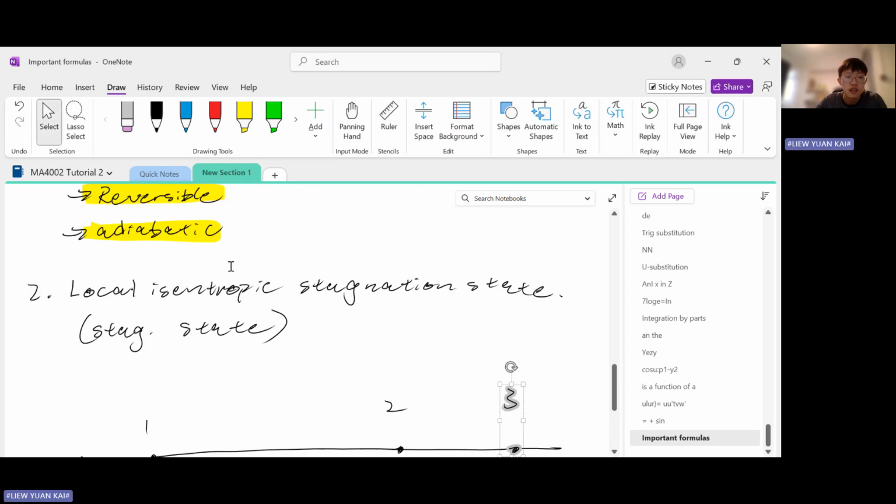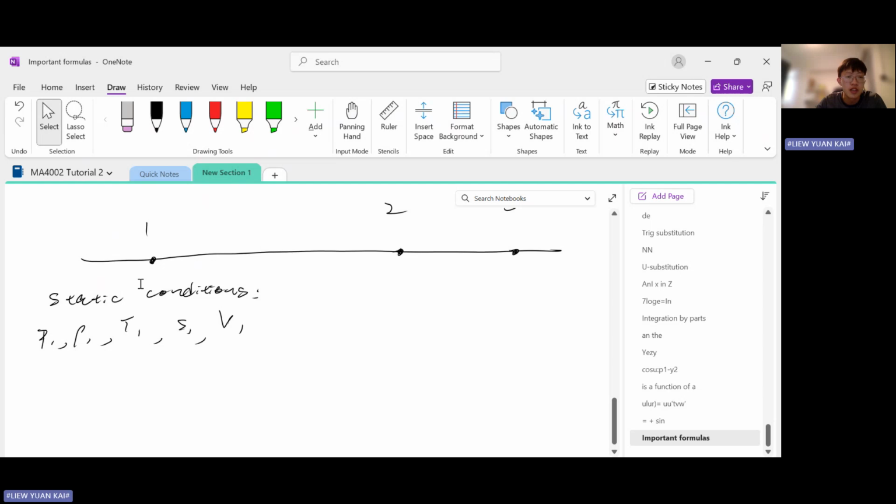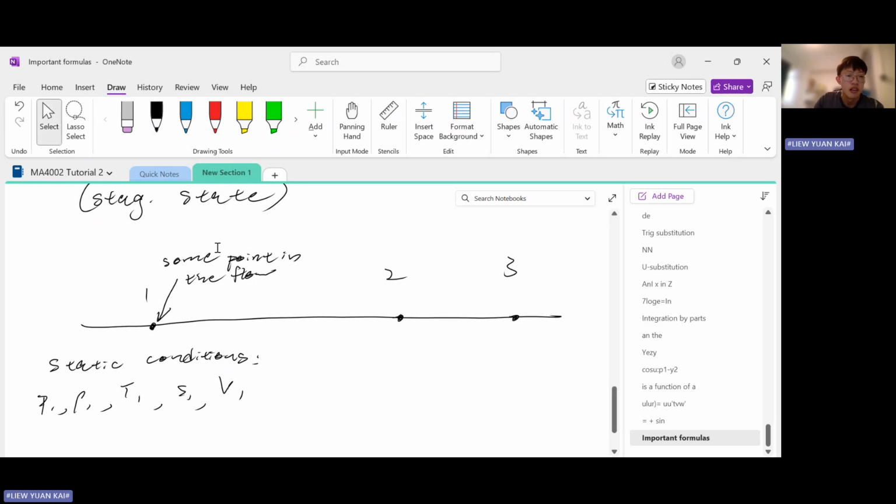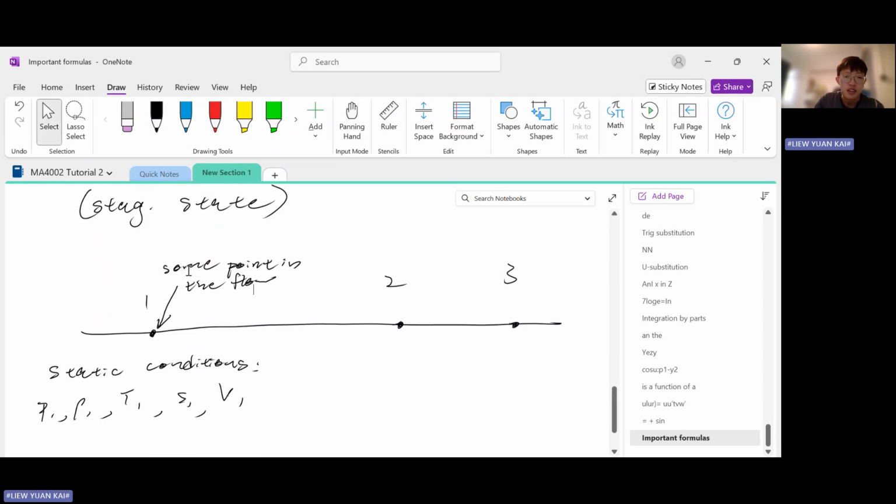So let's take a look at the name of this thing. What does local mean here? The word local means occurring at some point in the flow.